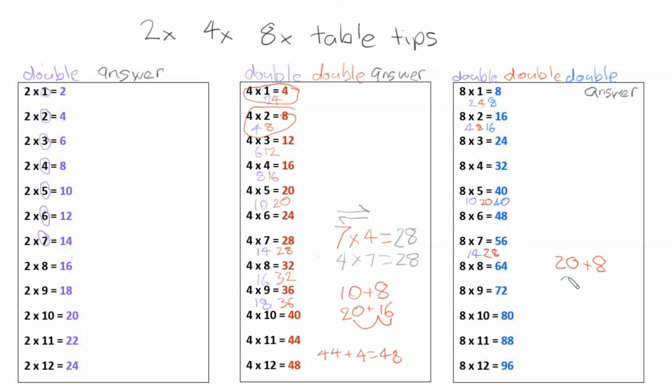Double 20 is 40, and double 8 is 16. Then we can skip count along, 40, 56. The more times you do this in your head, the quicker you'll get, and you'll just end up knowing it straight away. But you just have to persist. Take that little bit of time and do that in your head, and you'll get better at it. Doubling the numbers is important, so it's good practice to try and get better at it.